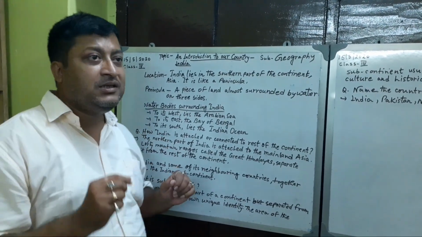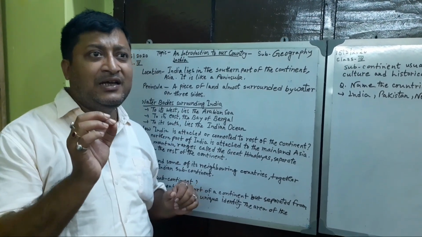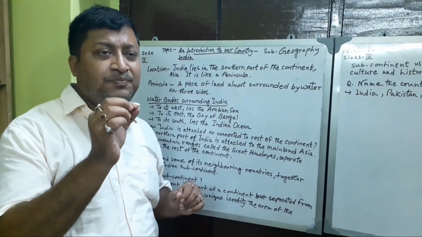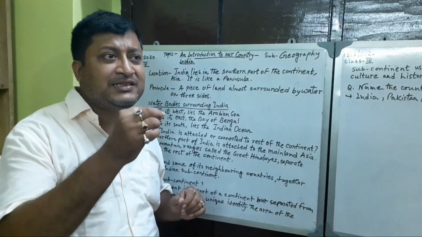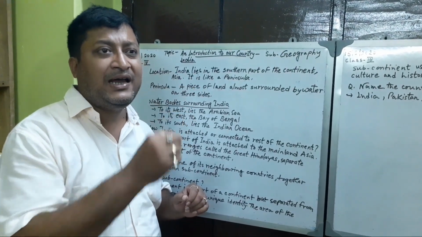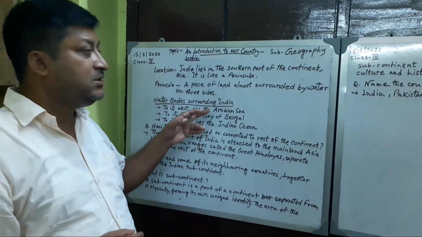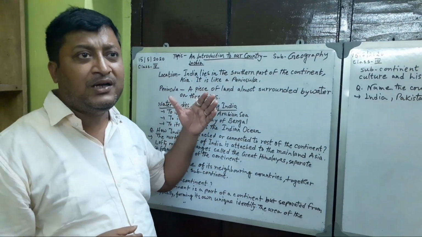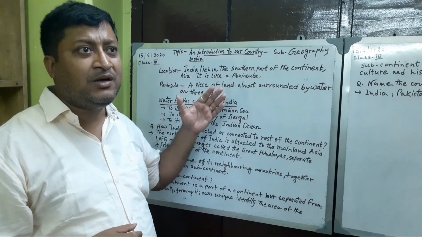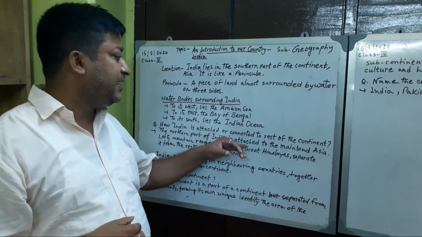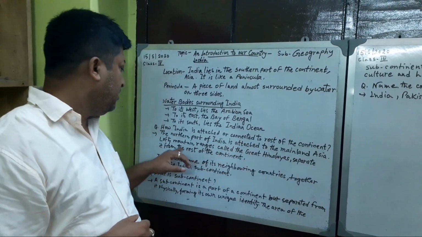And you see that a peninsula has another physical feature: it is attached to the mainland, Asia. So India, towards the northern part, is attached to the mainland. How is it attached? The northern part of India is attached to mainland Asia.